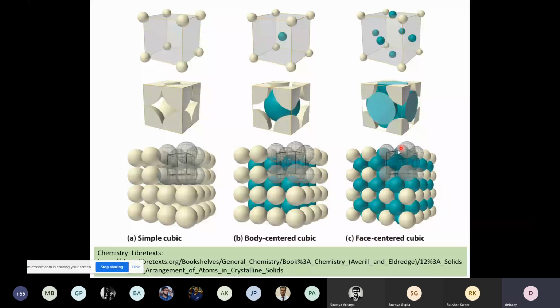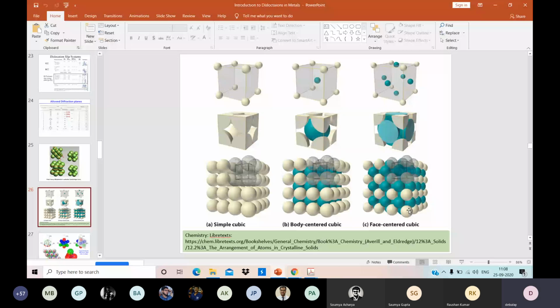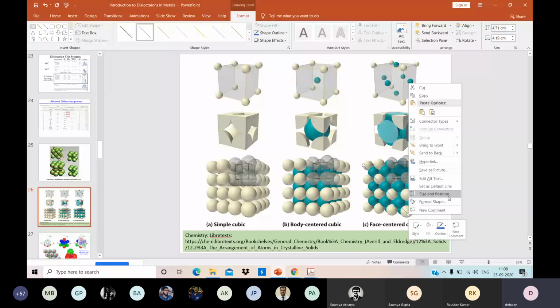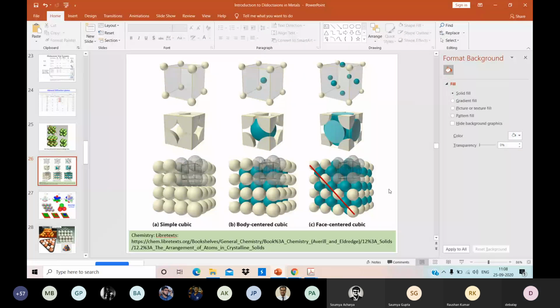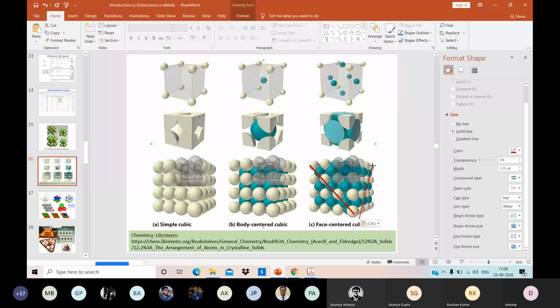But I prefer to look at them in a little different way, how I prefer to look into them. I am trying to show this again and again, that this layer I see, this layer I see.